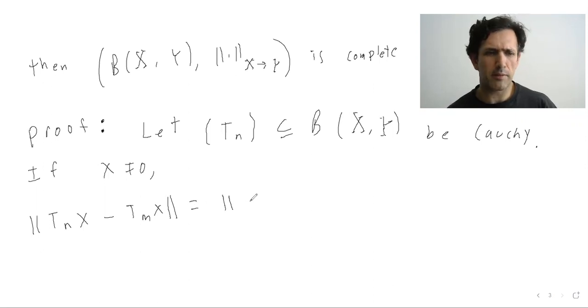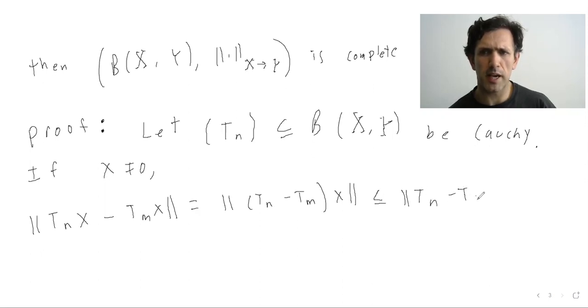By the definition of the vector space structure on bounded linear maps from X to Y, this is just (Tn minus Tm) applied to x. It's really the definition. This is a bounded linear map, so this is going to be less than or equal to the operator norm of Tn minus Tm times the norm of x.